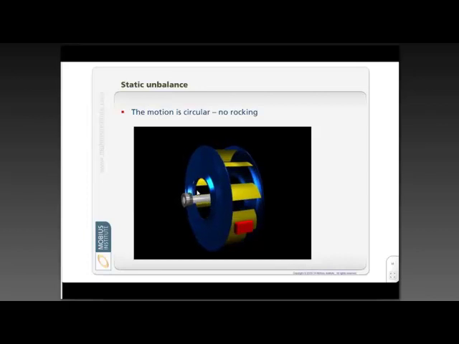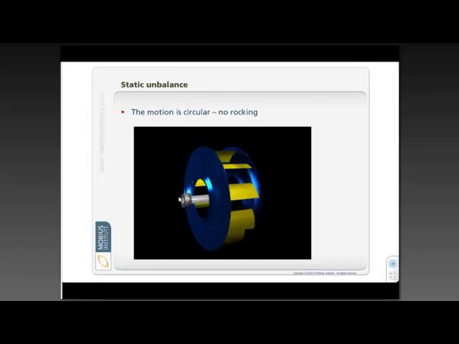You can see that as it's moving, it's trying to move in a circular motion, and even though the bearings are stopping it from moving that much, the forces are still there. We can pick those up. So if we could put one sensor here and one sensor down the other end, we would see that both ends of that shaft are moving up and down together. They are in phase.